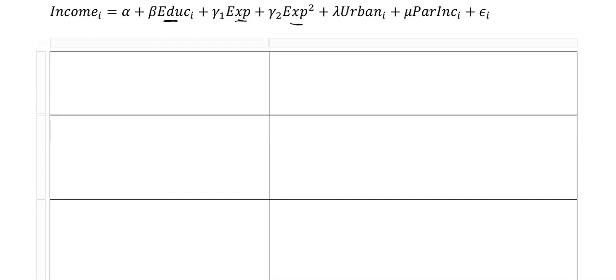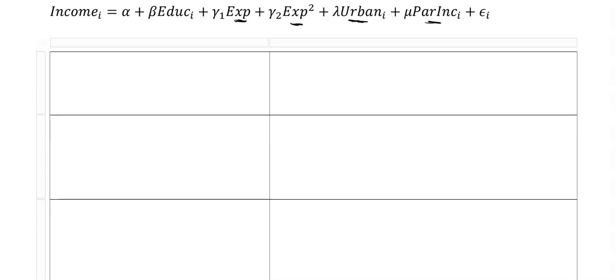So we have experience to the power 1 and then experience squared, and we will see how that affects the dependent variable. We will see how a variable that is what we would call a dummy variable affects the outcome. And finally, we're going to look at another variable, which is just in terms of unit, like dollars, or other units, maybe length or breadth or height.